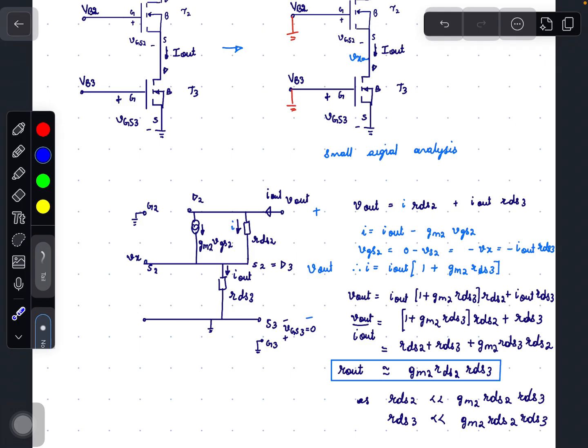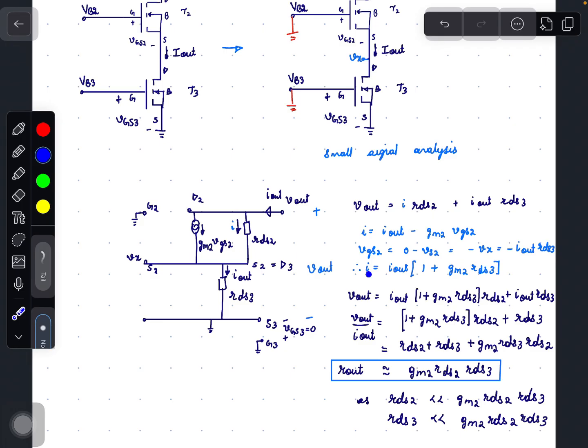The gate is grounded, so it is 0. So VGS2 equals 0 minus VS2, which equals minus Vx, the voltage across the source, which equals I_out times RDS3. So VGS2 equals minus I_out times RDS3.